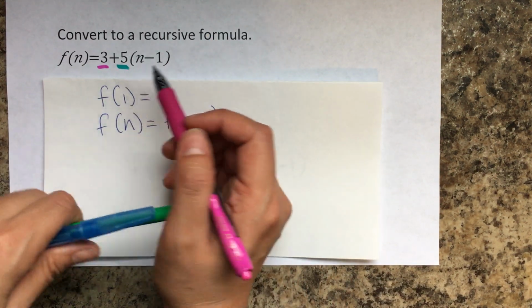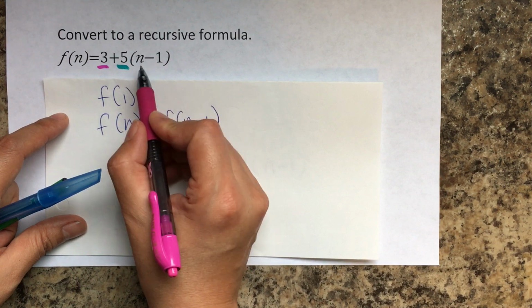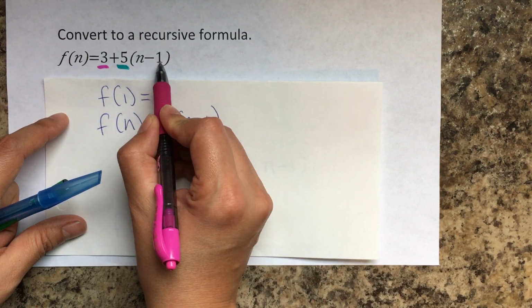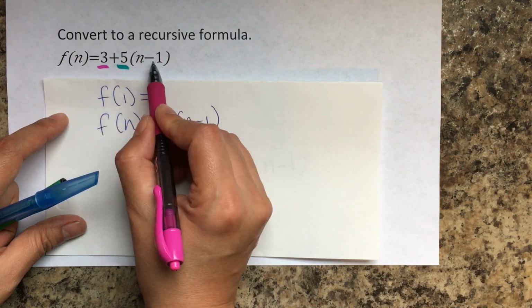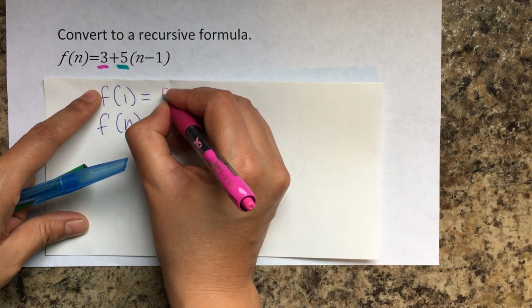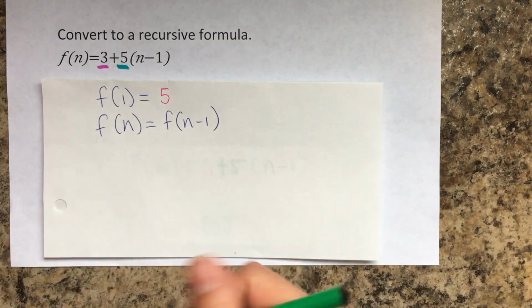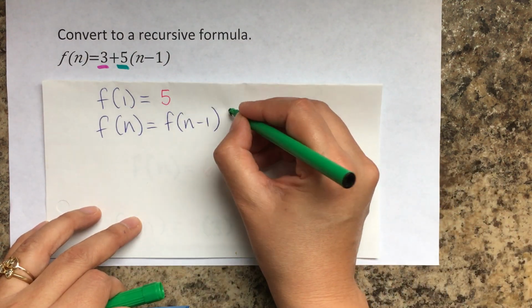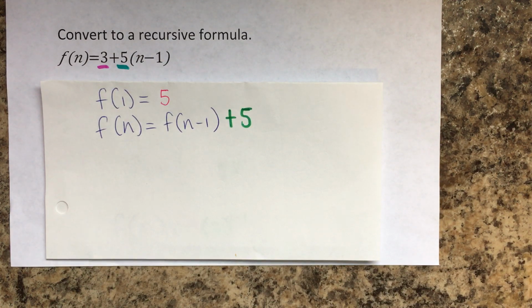How come in here I'm able to see the initial and the pattern? If I have n minus 1, that means that this is my initial point, and whatever is next to the n minus 1 is my pattern. Okay, so f of 1 equals 5, and because 5 is next to n minus 1, that's my pattern, and my pattern is to add 5.